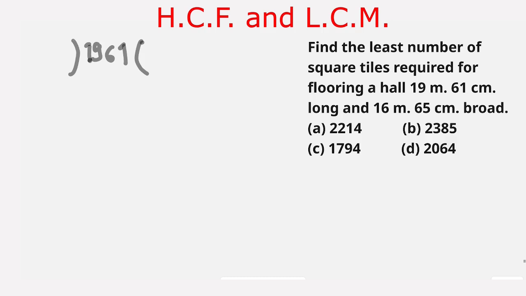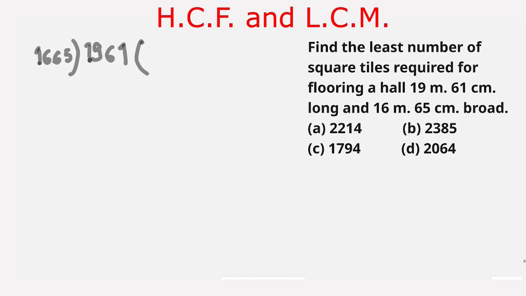So we divide 19 meter 61 centimeter, which is 1961 centimeter, by its width 16 meter 65 centimeter, and 16 meter 65 centimeter is 1665.